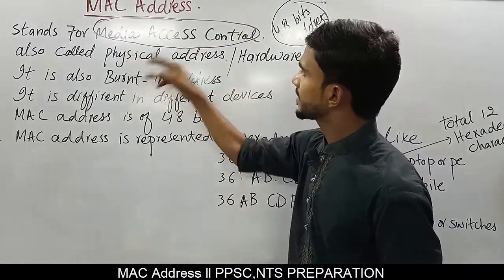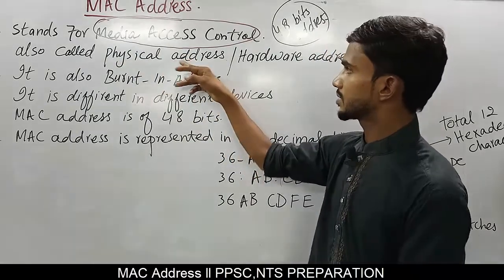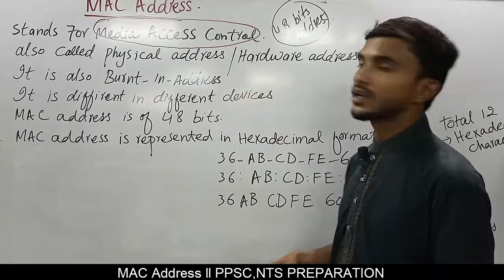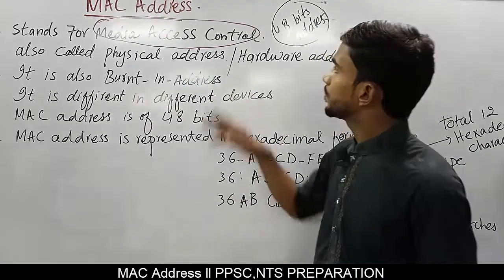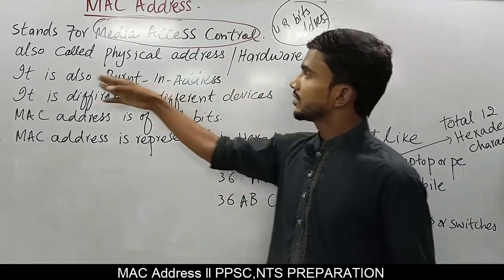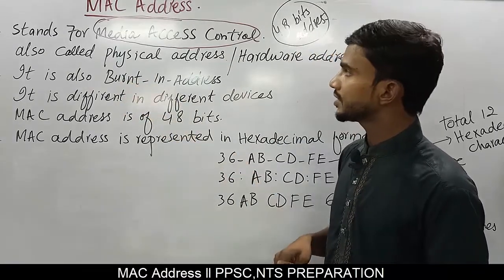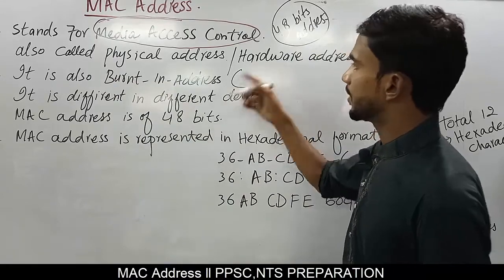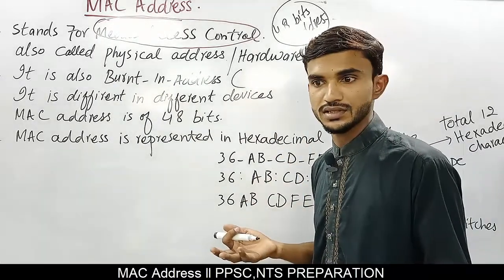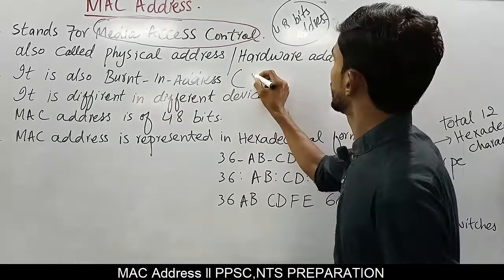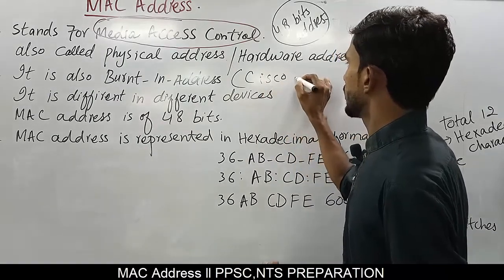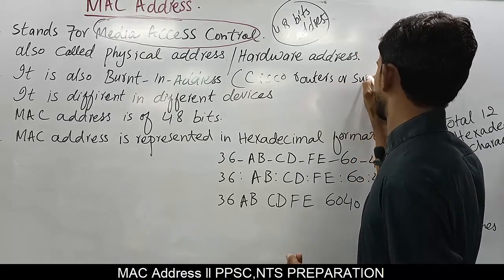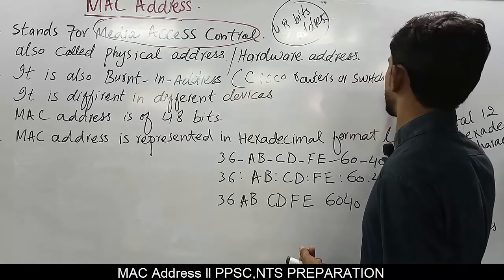In different devices, the physical address is written in a different pattern, in a different fashion. In hardware devices, computers or laptops, it is called the physical address, or it is also known as the hardware address. I hope you have understood this. The next thing, it is also called the burnt-in address. It is called a burnt-in address in Cisco devices, Cisco routers or switches.